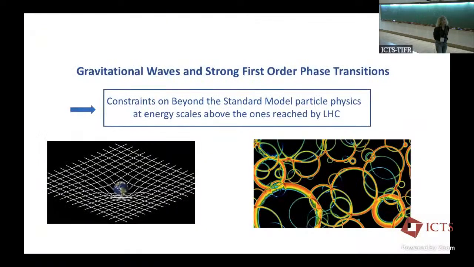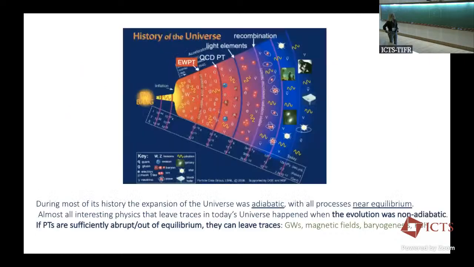So okay, that's what you have heard quite a lot about: first-order phase transitions. What you of course know is that during the majority of the history of the evolution of our universe, all processes were adiabatic and near equilibrium. However, if you have a process which is non-adiabatic, then you can find interesting constraints, in particular about gravitational waves, magnetic fields, baryogenesis, primordial black holes, and so on.